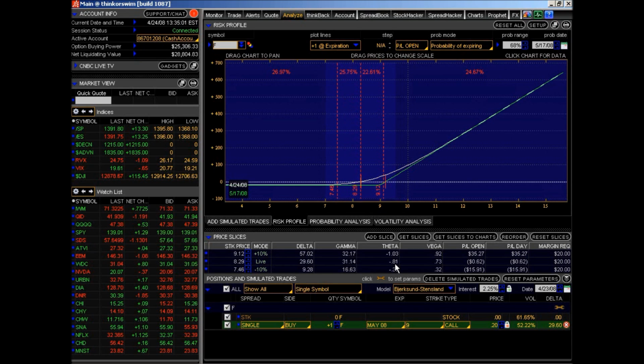That means that every single day that this price does not move, you lose 81 cents on the price of that option. The fact is that option will actually lose money even if the stock increases to the point where it gets close to the $9 strike that you're buying.